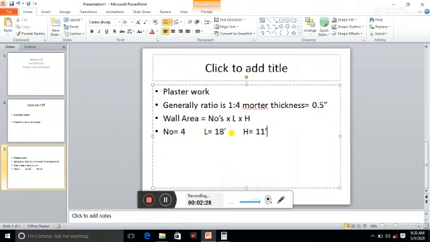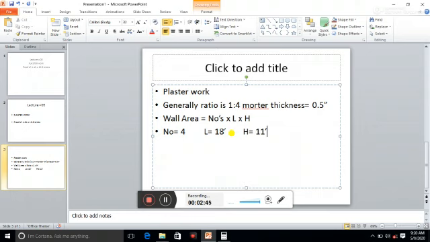Okay, number of walls is 4, length is 18 feet, height is 11 feet. And thickness of plaster is half inches.